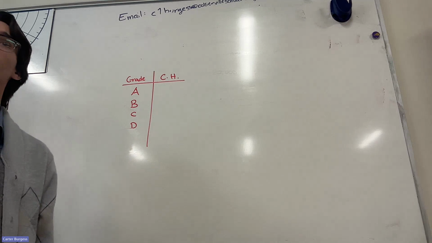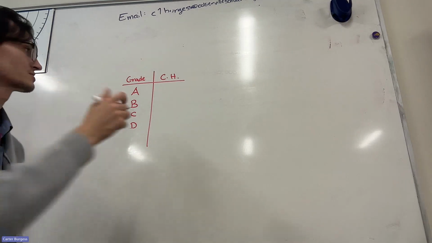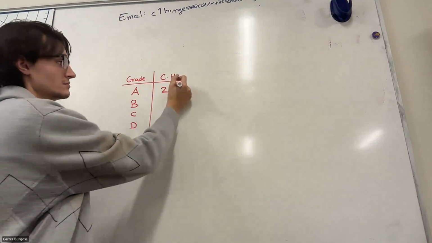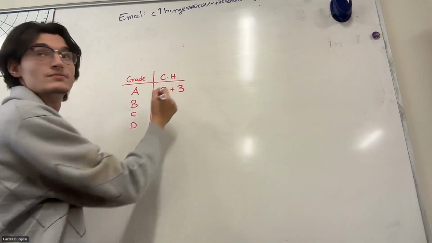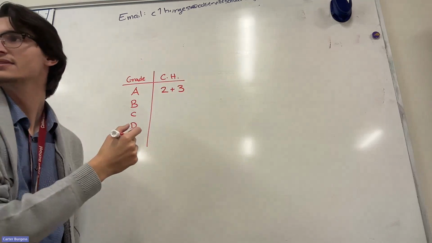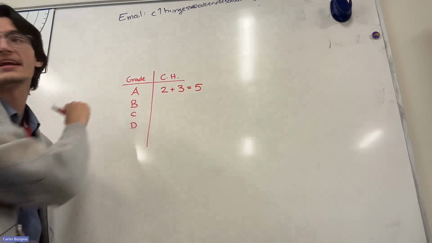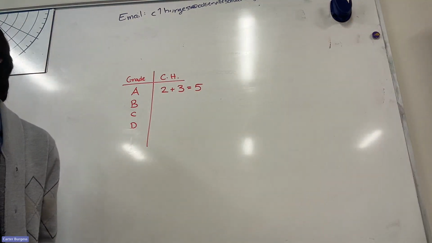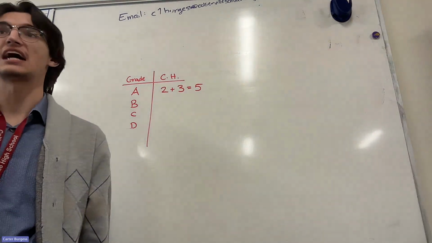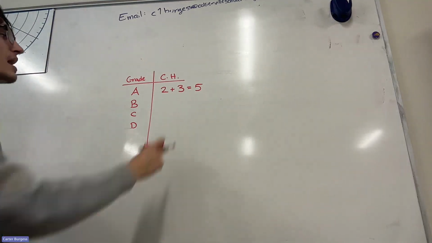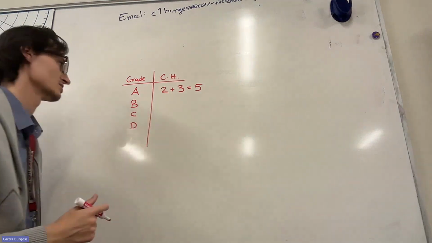We see 2 from sociology, and then what else? 3 from English, so a total of 5 credit hours being contributed to this A. If you did class per class, you get the same answer, so it's fine. It ultimately doesn't matter, but I'm showing that we could have also grouped this.